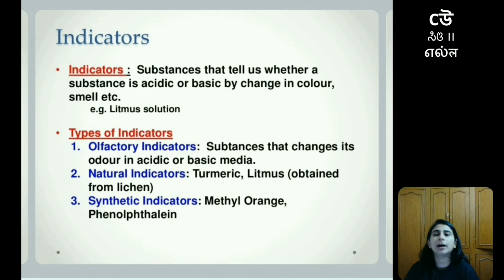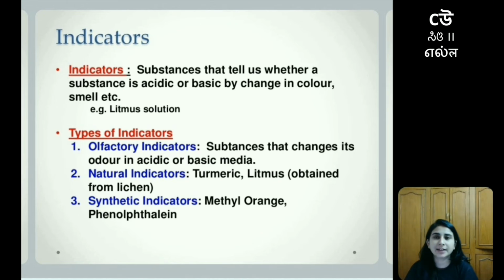Now talking about types of indicators, we have olfactory indicators, natural indicators and synthetic indicators. For olfactory indicators, it has been said that these are substances that change their odor in acidic or basic media, because olfactory is all about smell.